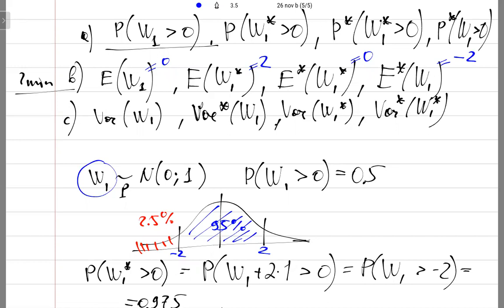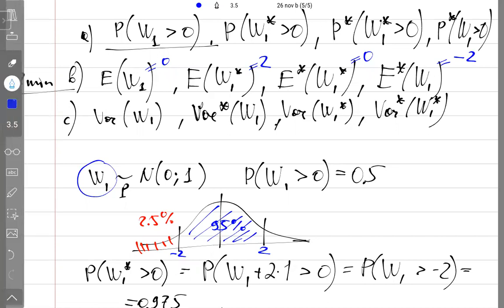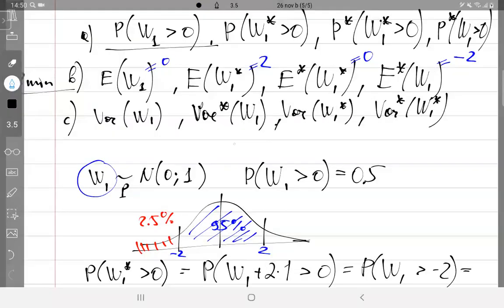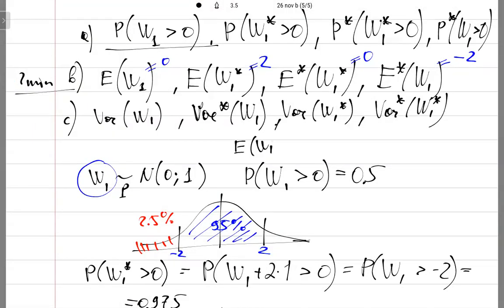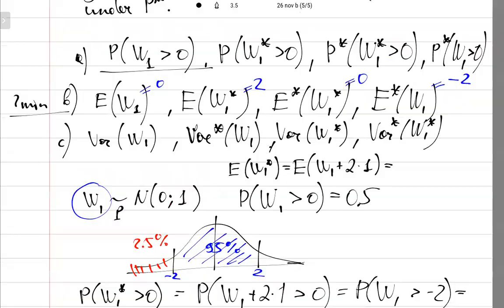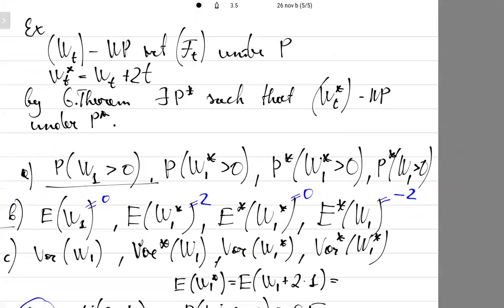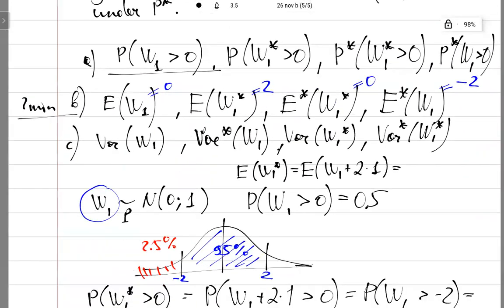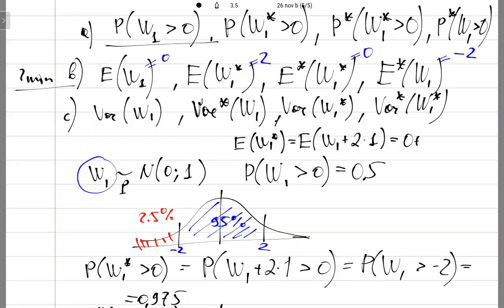Yes, please. Okay. So expected value of W1 star. Once again, it's easy to change inside expected value than expected value itself. So I just write W1 plus 2 times 1, the definition of W star. And it's 0 plus 2.